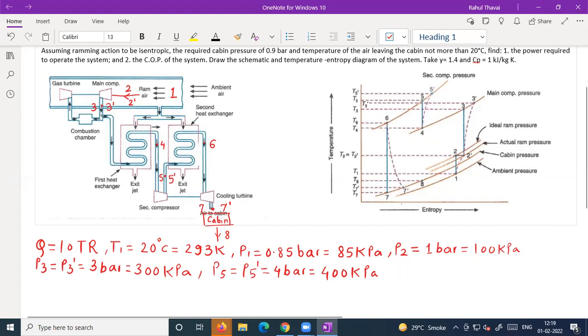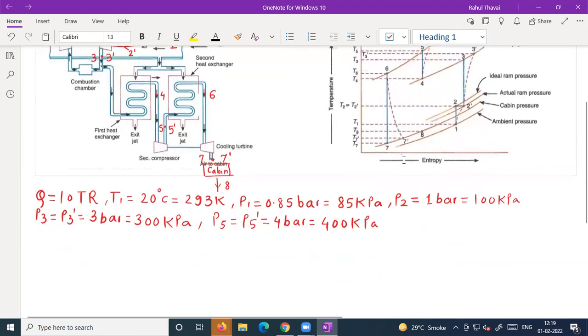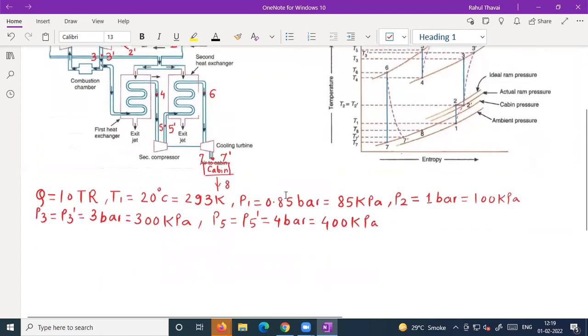So whether it's point number 5 or 5 dash or 6, they are on the same pressure line, because when you cool it in a heat exchanger, only its temperature decreases while pressure remains constant. So I'll also write this is equal to P6, because from the inlet to the exit of the heat exchanger, pressure remains constant.